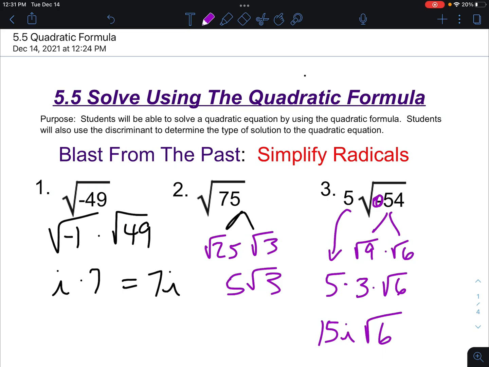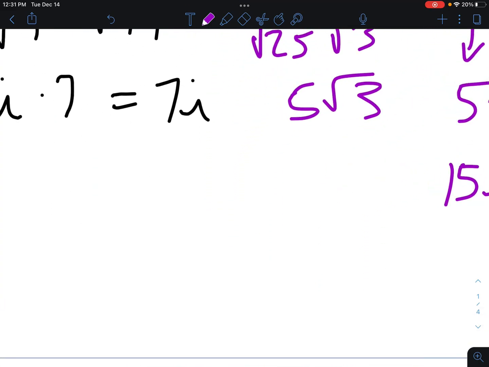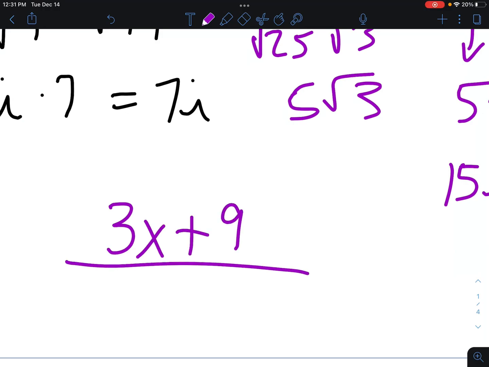All right, and the reason why we're doing this is we're going to have to simplify fractions down today. One other thing I want to show, some may have called this the butterfly method back in the day. Let's say it was something like this, and we wanted to simplify this fraction. Well, what we would do is we would look to see if there's a common factor out of these two numbers.